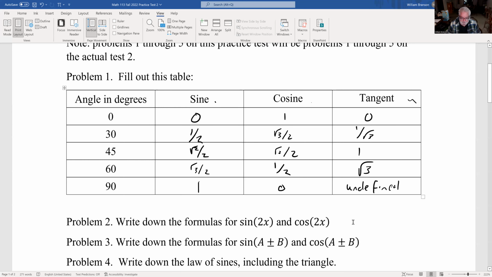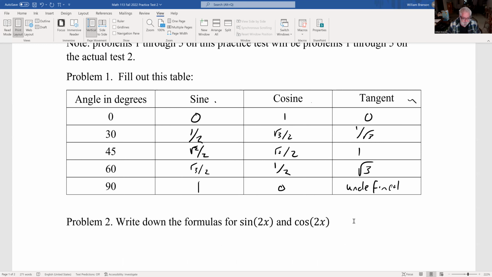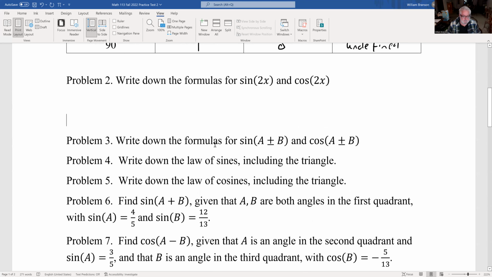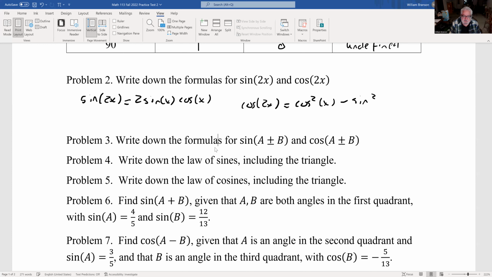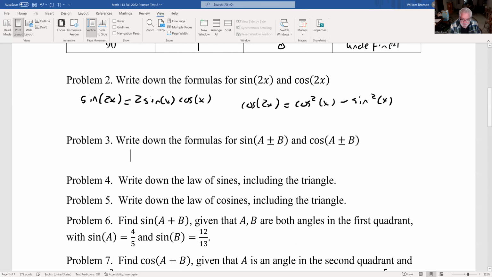Okay, formulas for these two things. Sine 2x is 2 sine x cosine x. Cosine 2x is cosine squared x minus sine squared x. Okay, sine of a plus or minus b, cosine a plus or minus b.